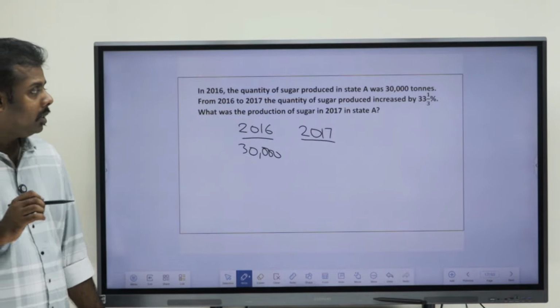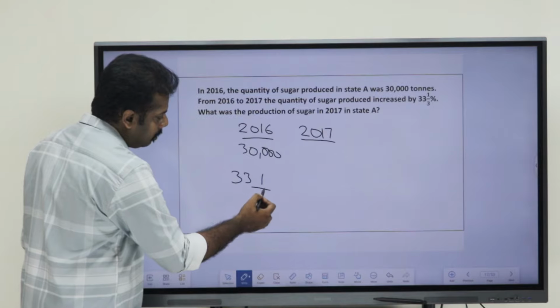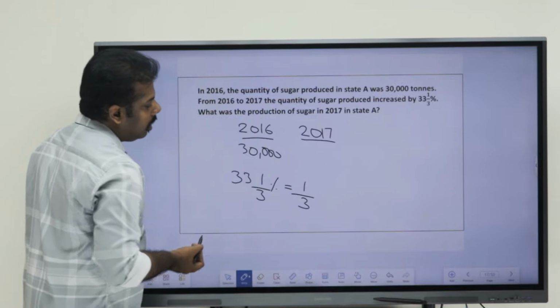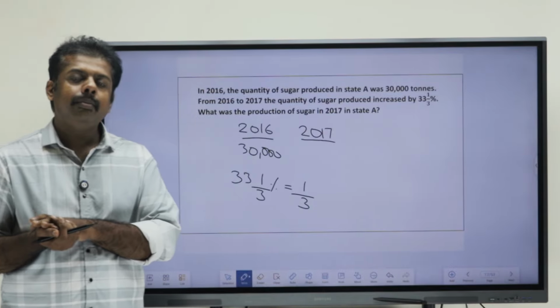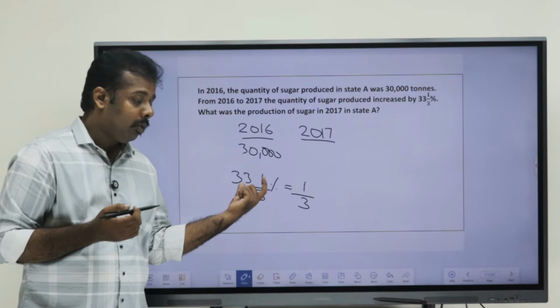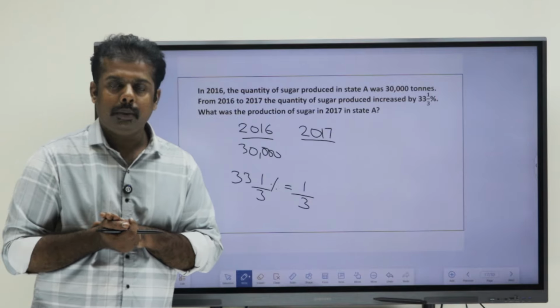The 33.13%, I hope you have got that the fraction part has to be 1 by 3. Okay. Now, if you are getting a fraction, from there you can easily find it. They have told here there is an increase of 33 1 by 3 percentage in the production.